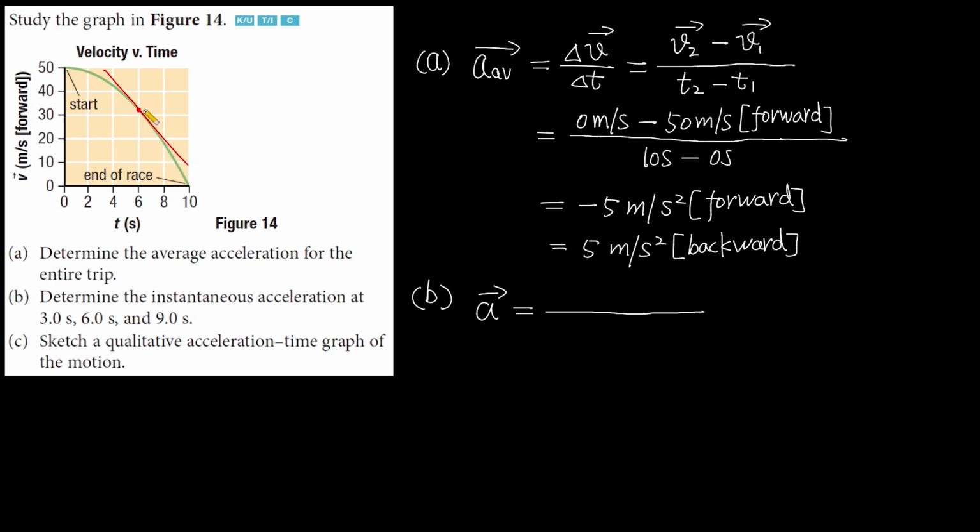And to find the slope of this tangent line, look at here. At the left end, its velocity is around 8 meter per second forward, and minus at the left hand, the velocity is 50 meter per second forward.